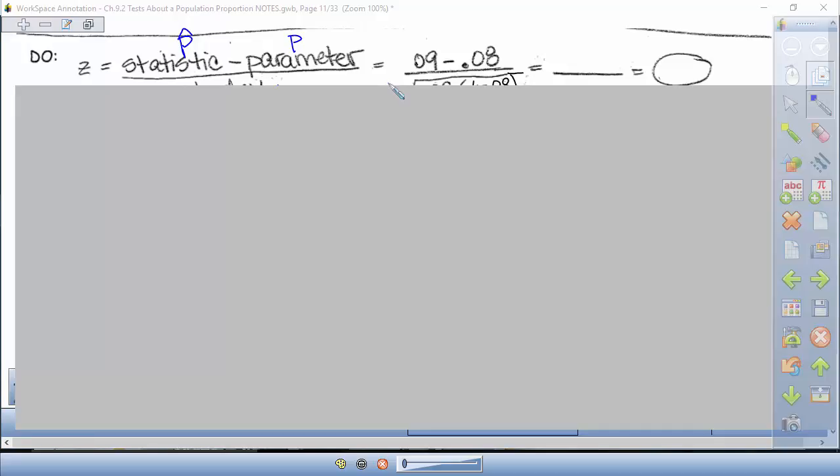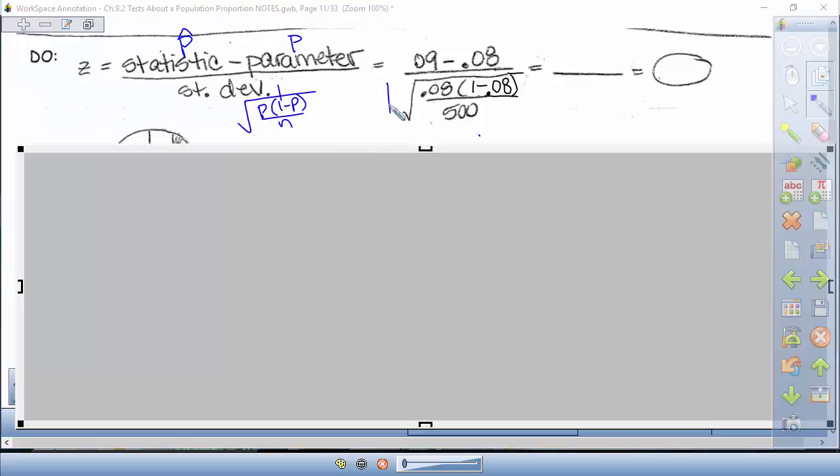Your standard deviation comes from that formula right there: the square root of p times 1 minus p over n. When you're doing your homework tonight, follow this example. 0.09 minus 0.08, I'll go ahead and do the math for you.